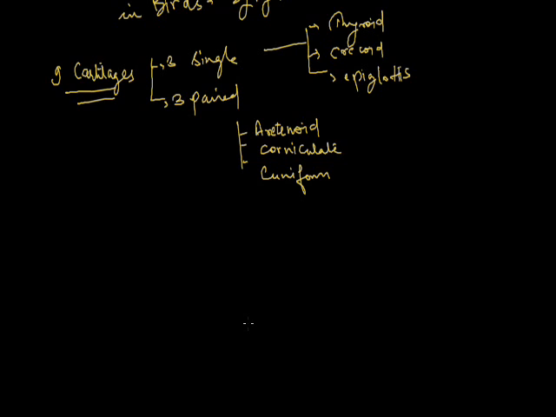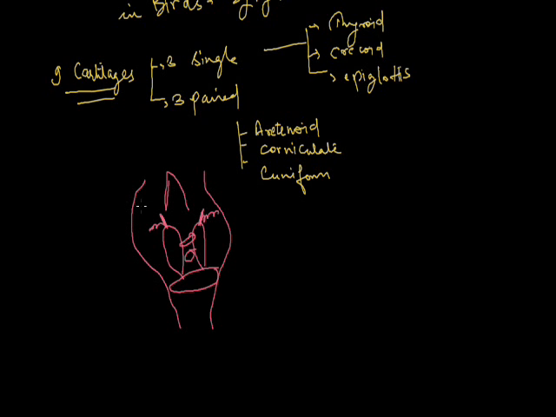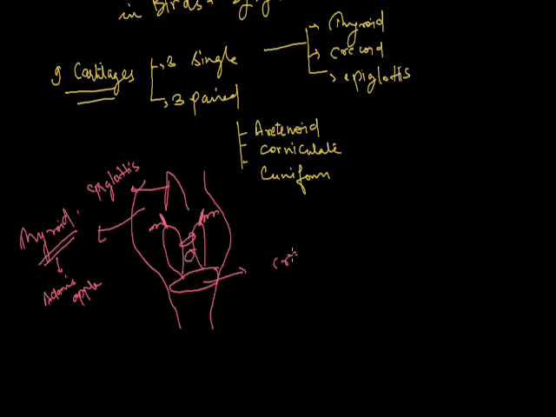If we see the structure of the cartilages in detail, we'll find this kind of structure. This big one is the thyroid cartilage, which is single, and in this thyroid cartilage one special structure is there, known as the Adam's apple. Here is also a single cartilage, the epiglottis, which we have discussed. It is a flap-like structure. This bottom one is the cricoid cartilage.